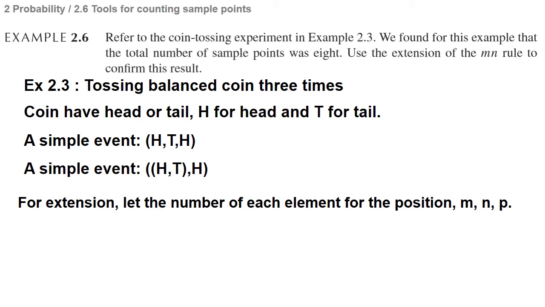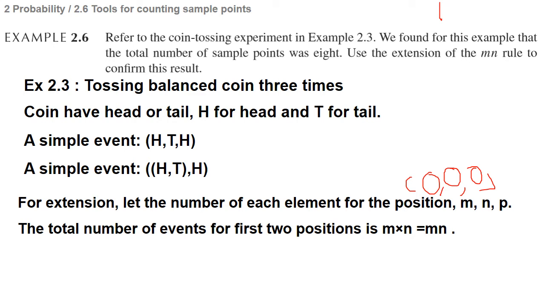Okay, there are 3 positions, and let's say m number of events are in the first position, and there's n number of events here and p number of events here. The total number of events for the first two positions, by using the MN rule, is MN.